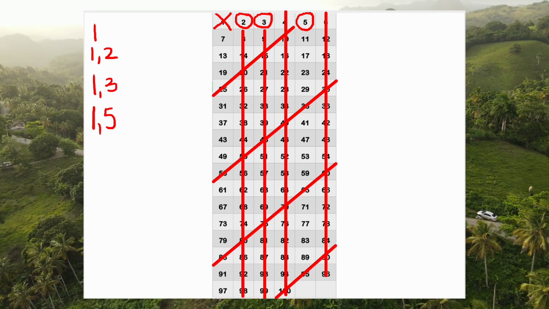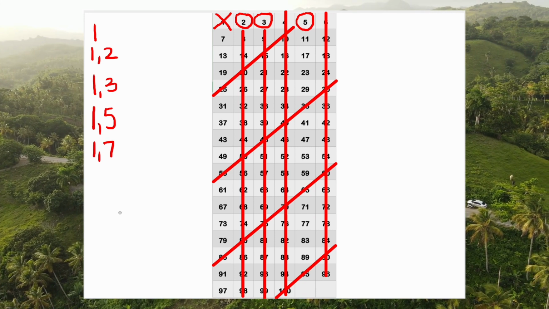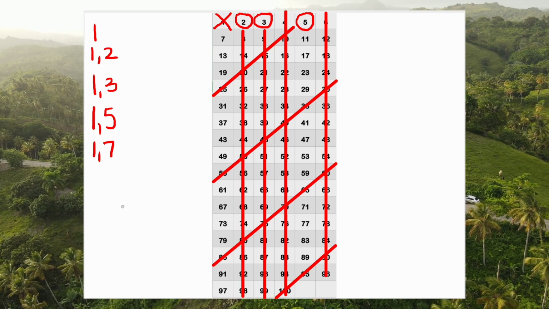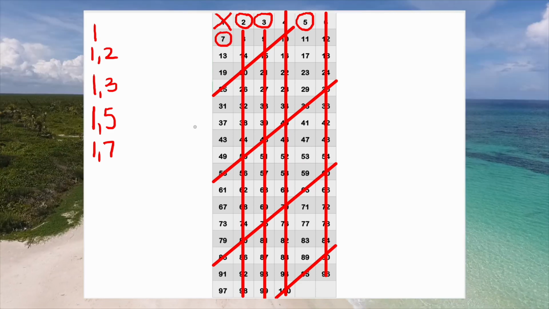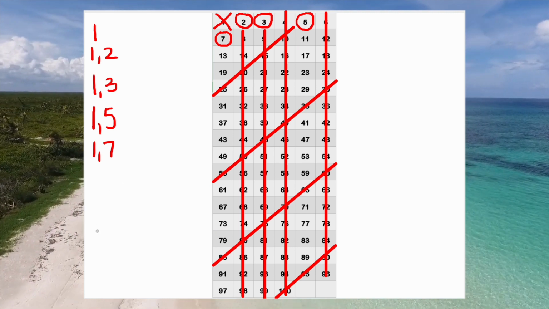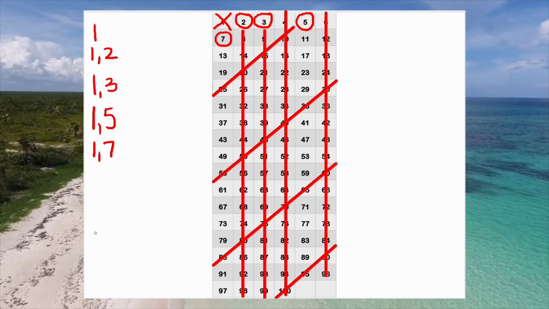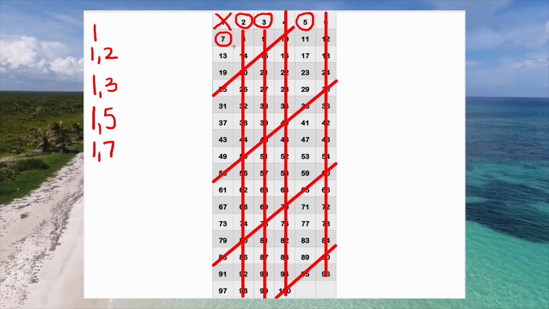Then the next number we have is 7, and 7 is a prime number because it only has 1 and 7 as its factors. So we can circle 7. But any other number after 7 in the 7 times table will now have 7 as its factor, so we can eliminate those. So we will go this way.